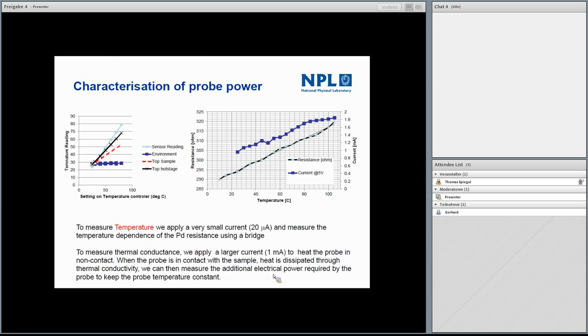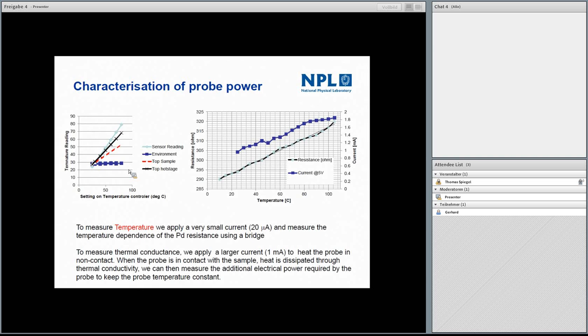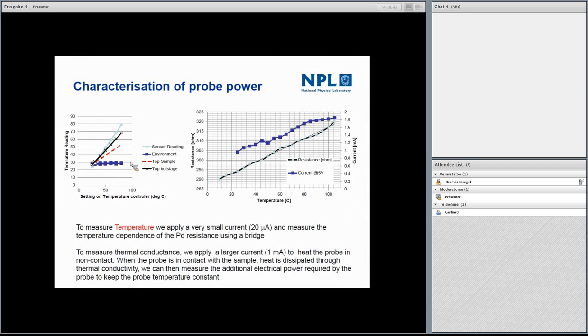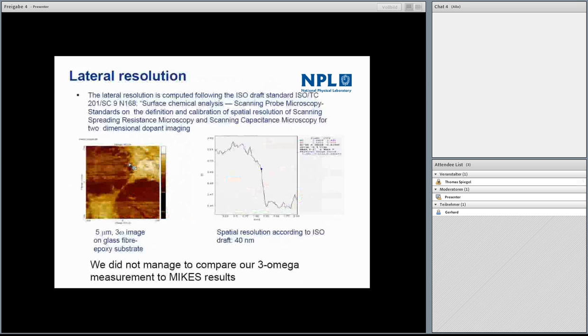So this is what we show here: the resistance of the tip as a function of the temperature on this graph, or the current we need to input into the tip, at constant voltage, to have a given temperature on the tip, as calibrated before. And this is the temperature as measured using standard thermocouples between the top of the stage, the top of the sample, the cantilever, and so on.